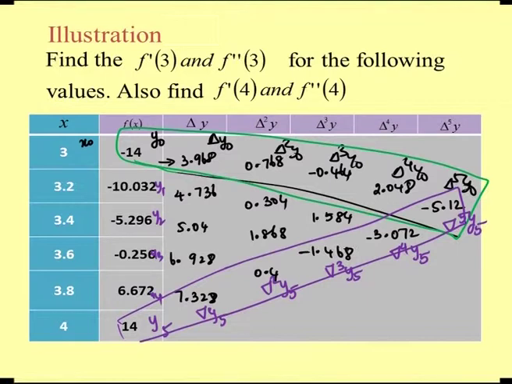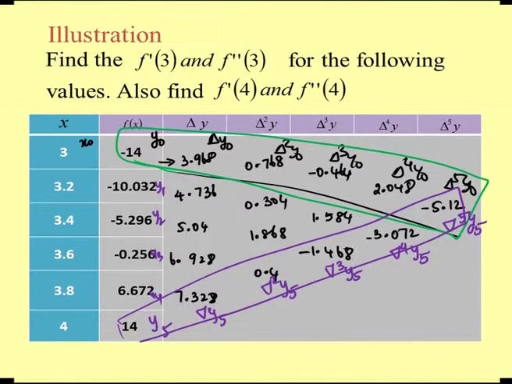We will find out del y naught. Del y naught is minus 10.032 minus of minus 14, that is 3.968, then 4.736, 5.04, 6.928 and 7.328, and the next column values are 0.768, 0.304, 1.868, 0.4, minus 0.464, 1.584, minus 1.468, 2.048, minus 3.072 and minus 5.12.